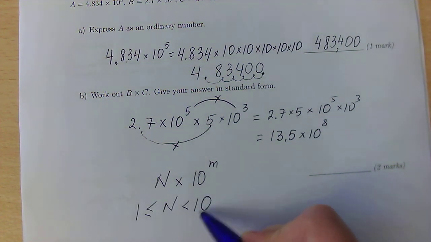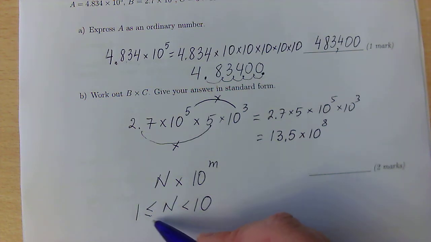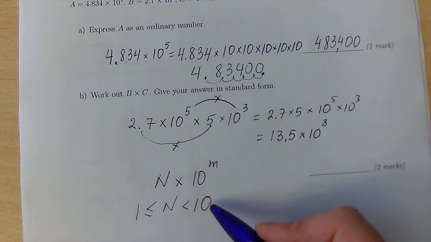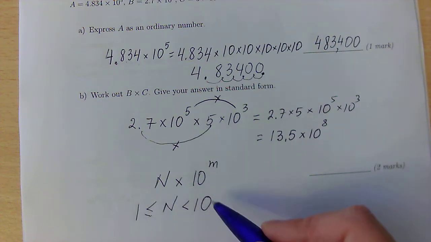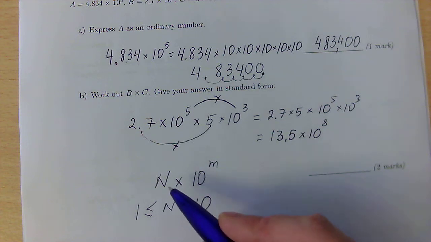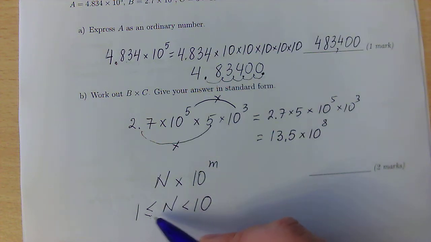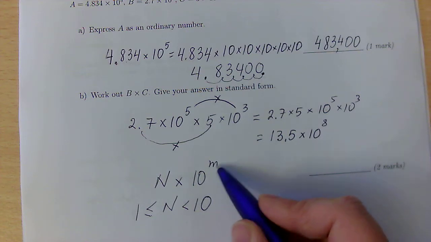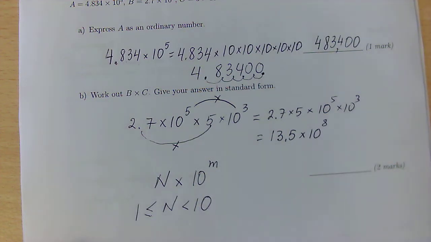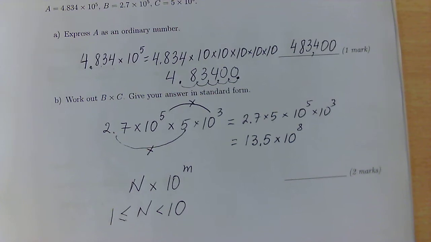You see, it can't be equal to 10, but it can be equal to 1. It can't go below 1. So it is a special form used in science, economy, and so on, for easy comparison of numbers. So it's easy to compare numbers within 10, and also easy to compare powers of 10. So this form comes quite useful.